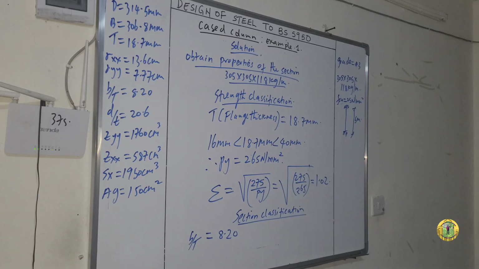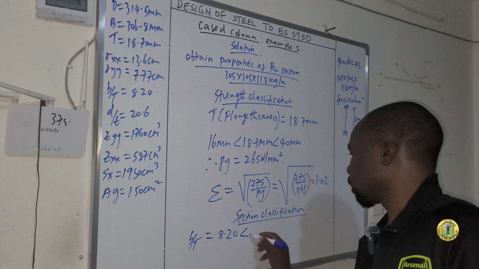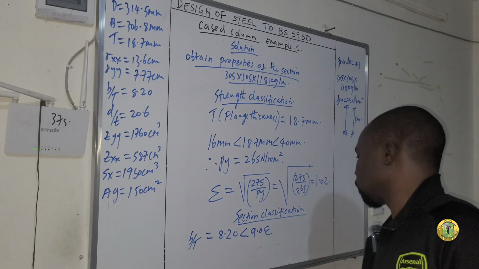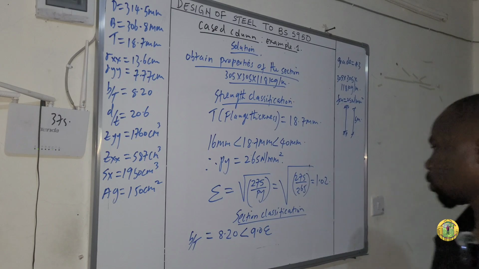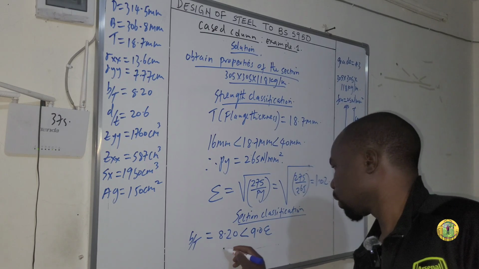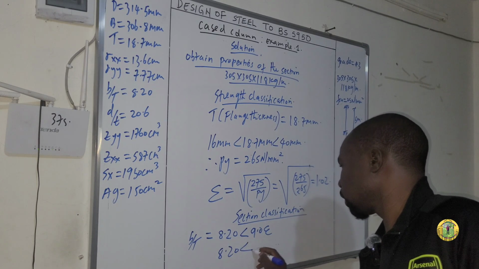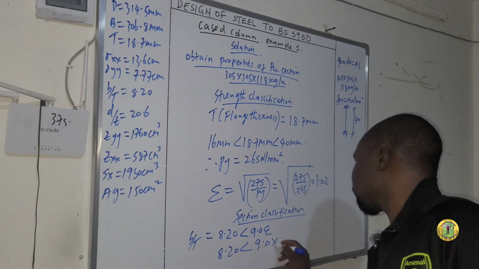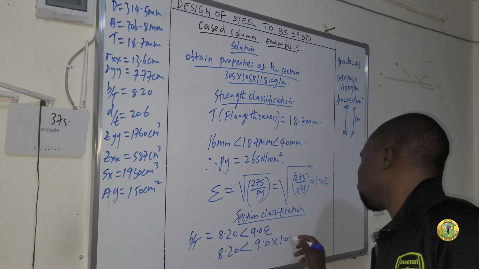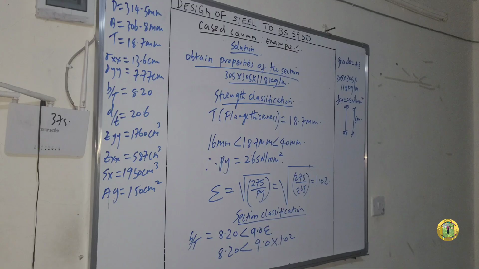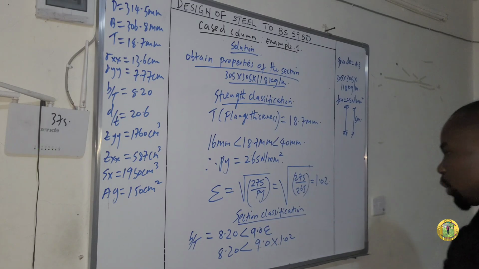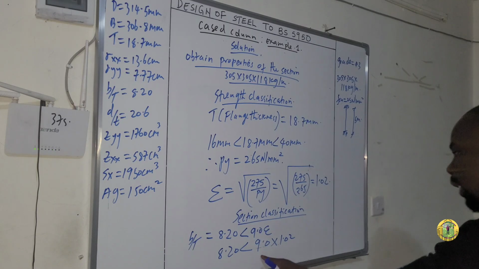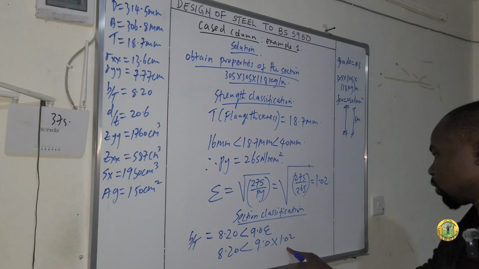So b over T is equal to 8.20, and it must be less than 9.0 epsilon, whereby 8.20 is less than 9.0 times 1.02. So it is true, 8.20 is less than 9.0 times 1.02.